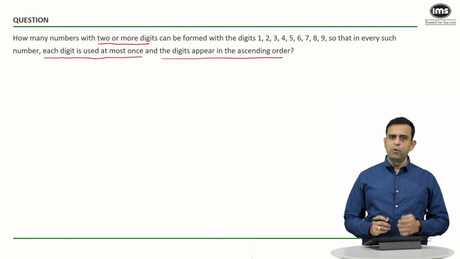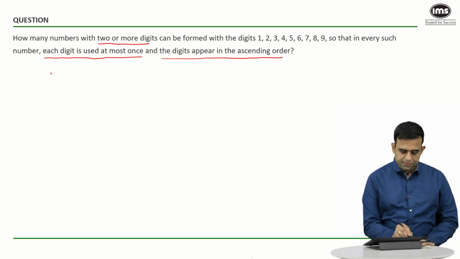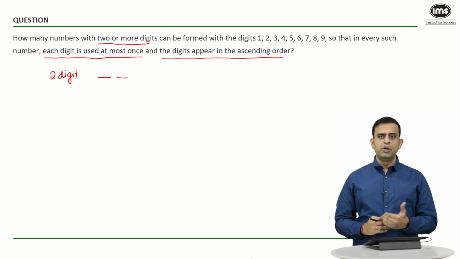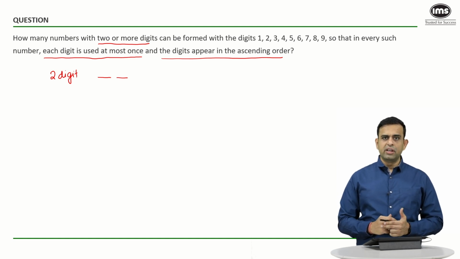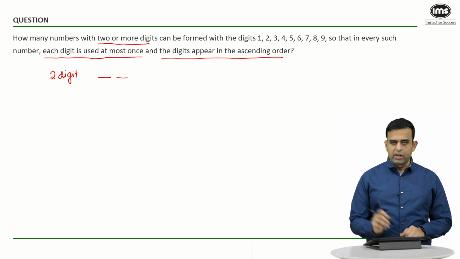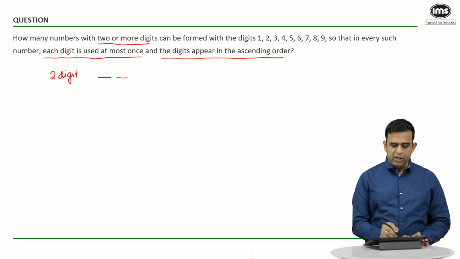First of all, there could be a number having 2 digits. Now in this particular case, since I have the availability of the numbers 1 to 9 and we can't repeat anything, since I want them to be in the ascending order, out of the 9 numbers, I can choose any 2 of them in how many ways?